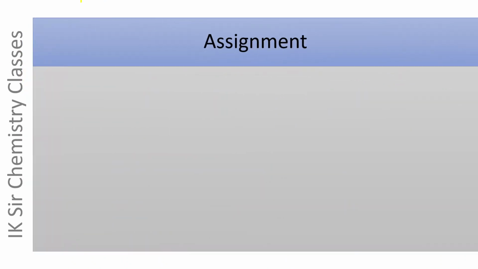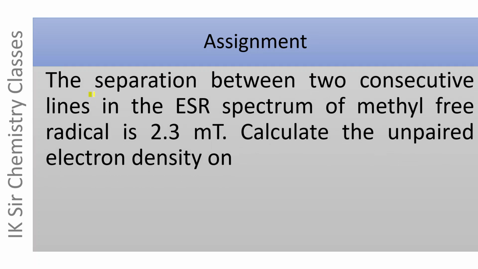There is a problem assignment for judging yourself how far you have learned the previous discussions. The separation between two consecutive lines in the ESR spectrum of methyl free radical is 2.3 millitesla.